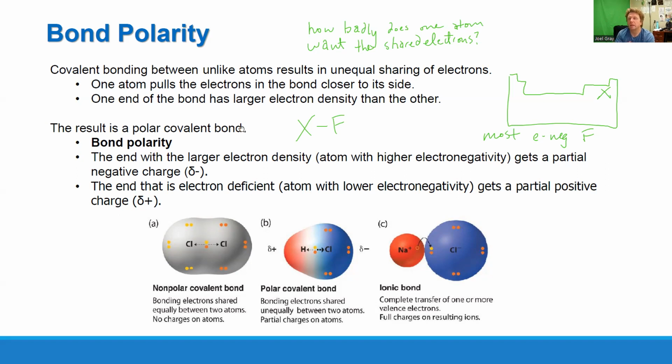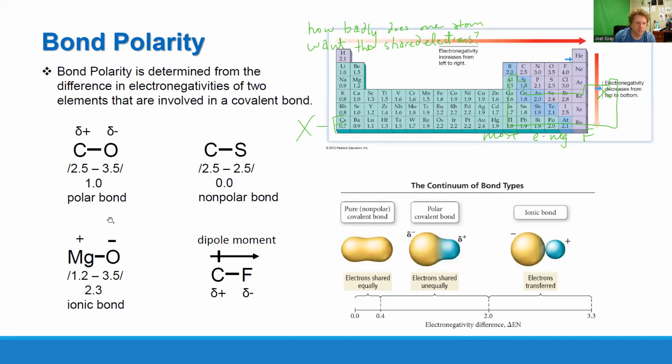So fluorine is your most electronegative element. And the trend is that things in the upper right-hand corner of the periodic table, which I'm going to put a little arrow by here, are the most electronegative, with fluorine being the most electronegative element.